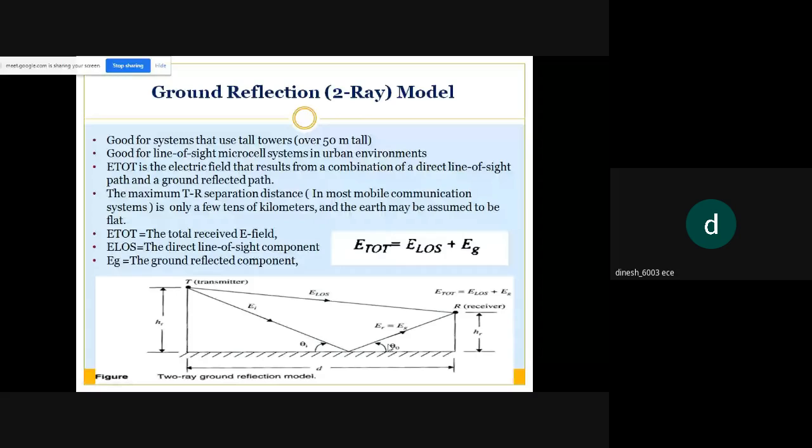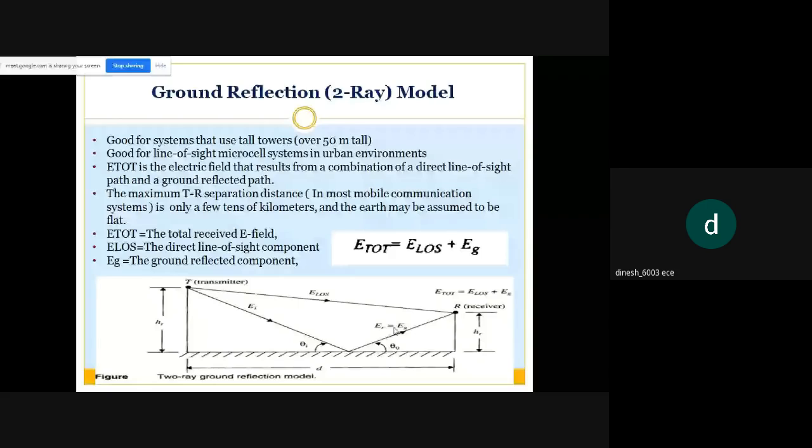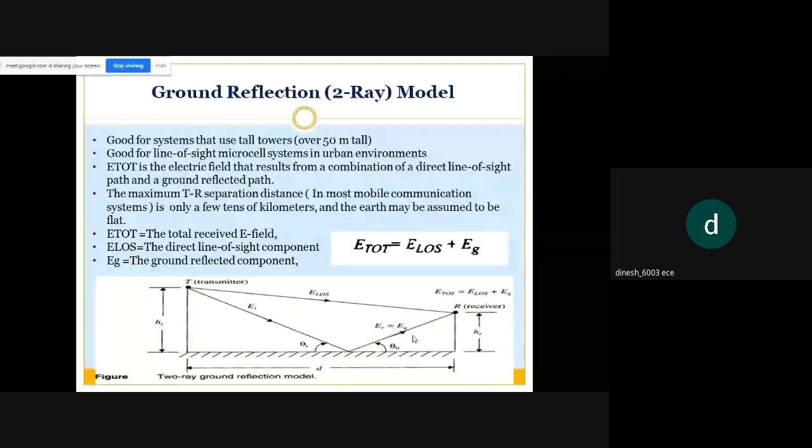So this is your reflected wave E_R, which is equal to E_G. We can write the electric field of the reflected wave, since the ground is reflecting, so we call it the ground reflected wave. Then the total electric field which is received will be the direct line of sight component and the ground reflected wave, which is E_R.